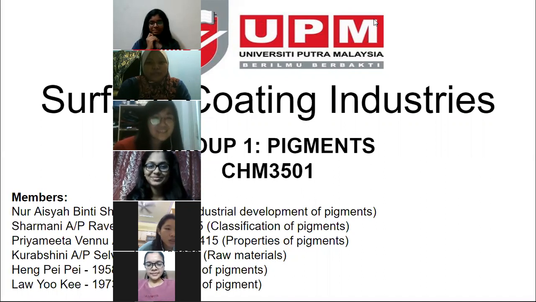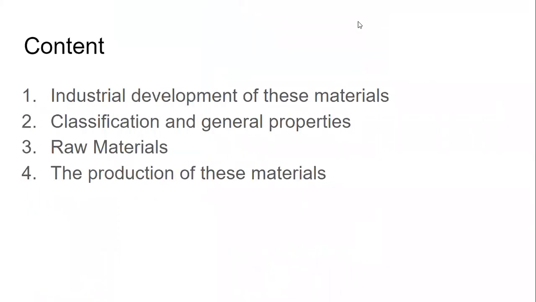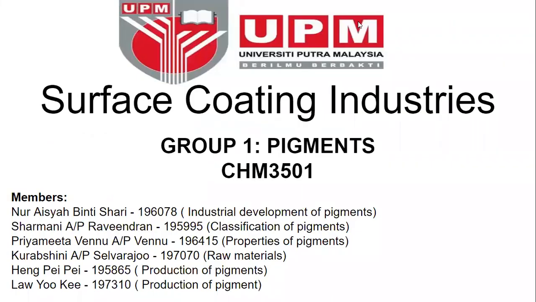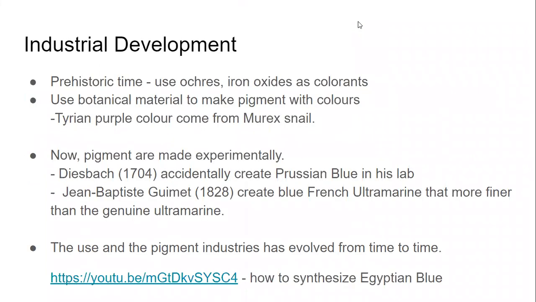We're going to talk about pigments for the surface coating industries, and I will talk about the industrial development of this material. As we know, pigment from prehistoric times used ochre and iron oxide.